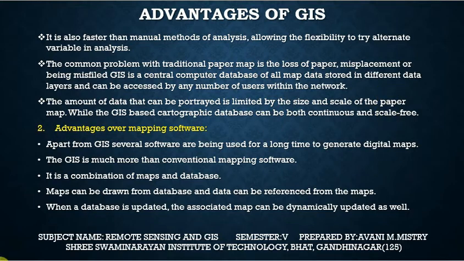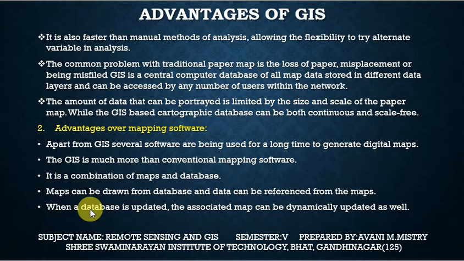Advantages over the mapping software. Apart from the GIS, several softwares have been used for a long time to generate the digital map. The GIS is much more than conventional mapping software. It is a combination of the maps and database.